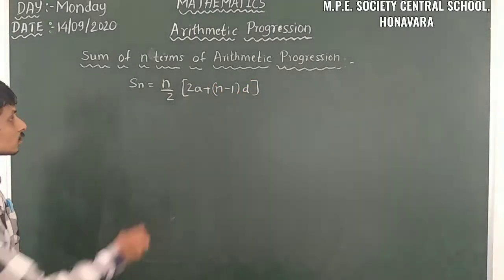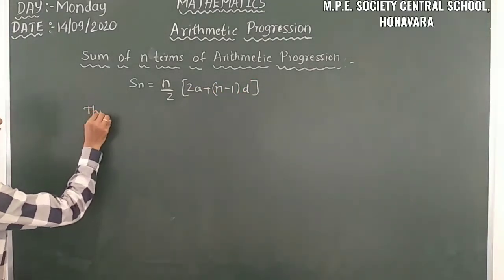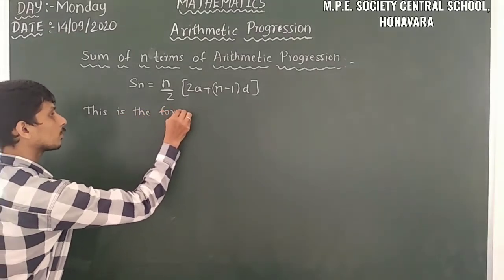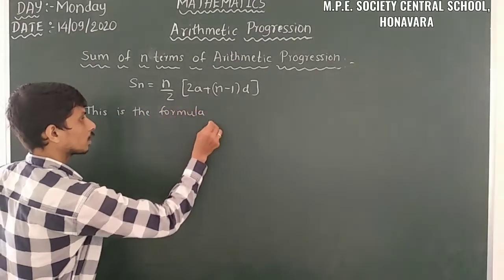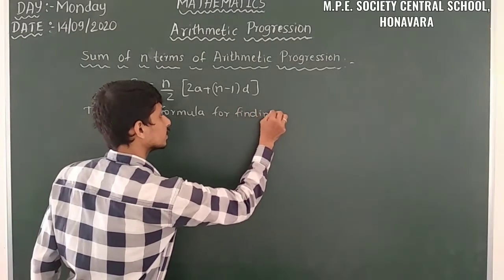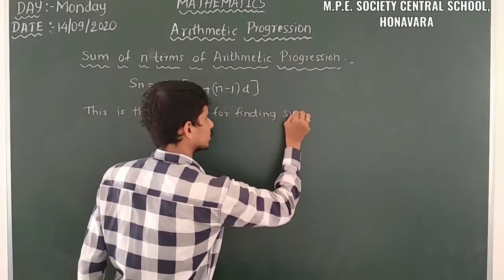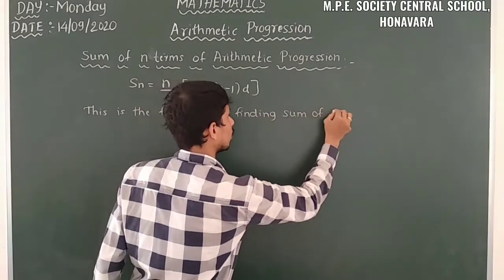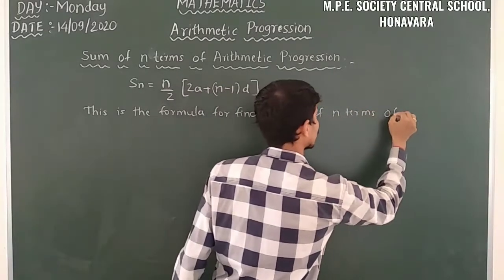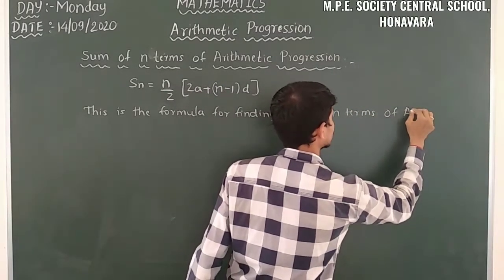So this is the formula for finding the sum of n terms of an arithmetic progression.